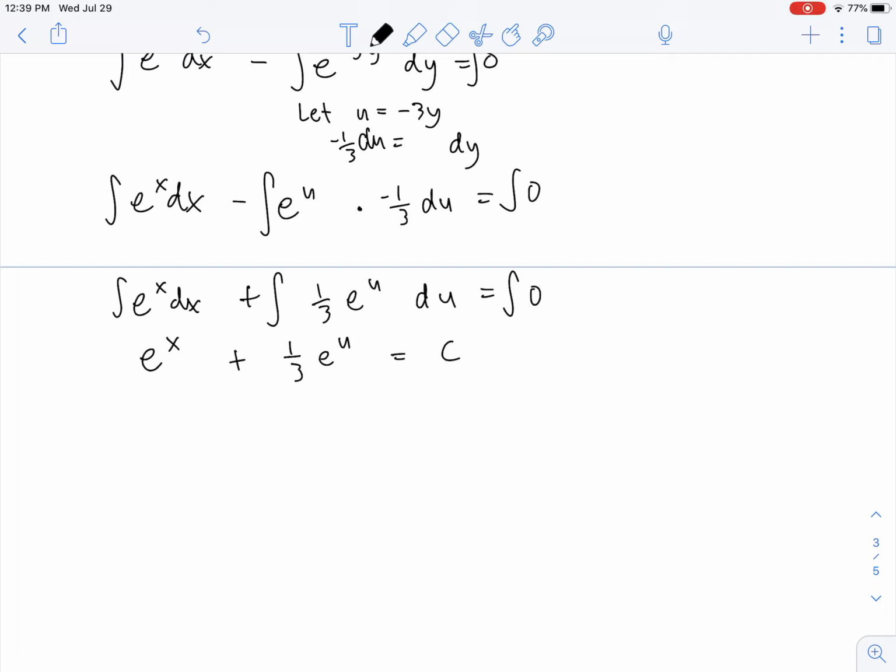So next is, since u pa man dapat ibalik na siya sa original na variable, which is y. So, e raised to x plus 1/3 e raised to u, which is negative 3y is equals to c.